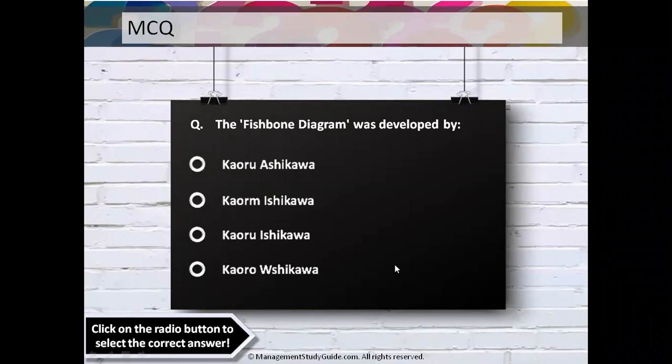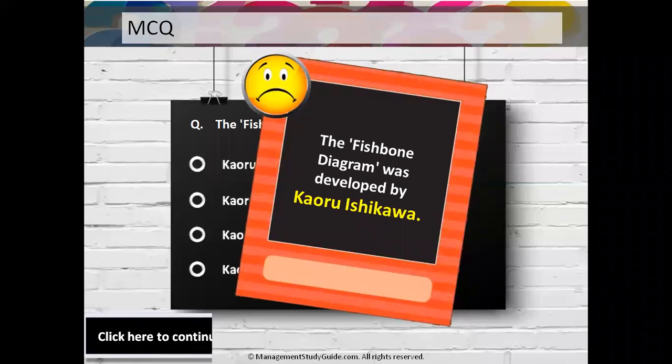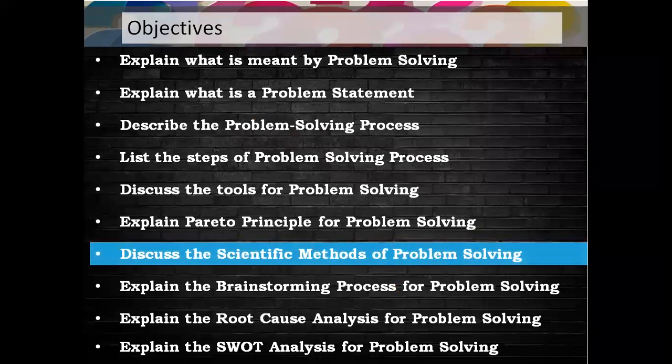A, B, C, D. I'm waiting. Who is the first to write? The fishbone diagram was developed by dash. Nobody's saying anything, even if it's by guess. Okay, so I have Kaoru Ishikawa. Your answer came wonderfully on time. Okay, so I have Kaoru Ishikawa.